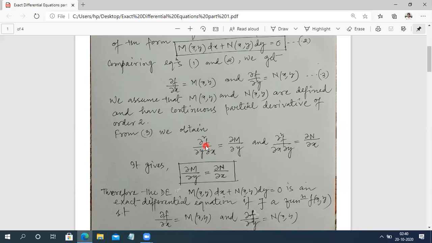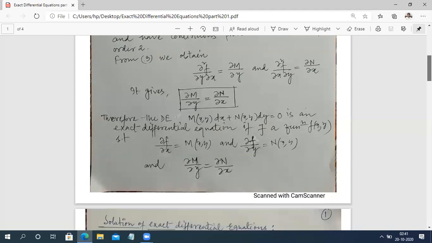That means if we partially differentiate ∂f/∂x with respect to y, it gives the same value as if we partially differentiate ∂f/∂y with respect to x. So these two values are always the same, and we can conclude that ∂M/∂y is equal to ∂N/∂x.